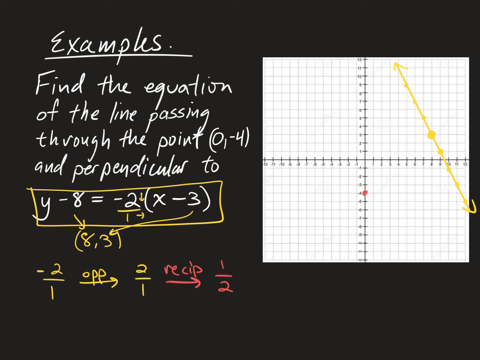So that means I'm just going to use that to move as we do. +1 in the numerator means we'll go up 1. +2 in the denominator means we'll move right 2. And this is what our perpendicular line will look like. And of course, down 1, left 2, down 1, left 2.